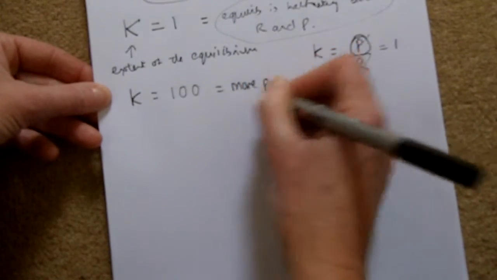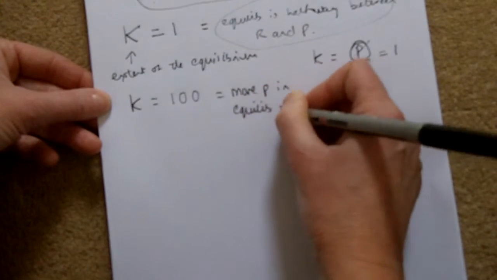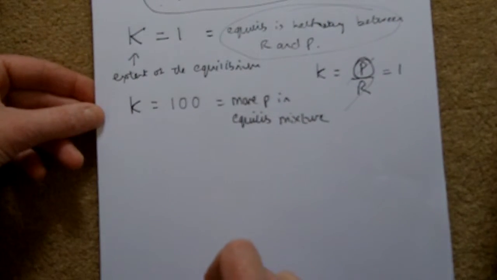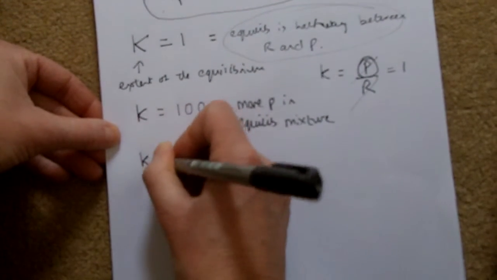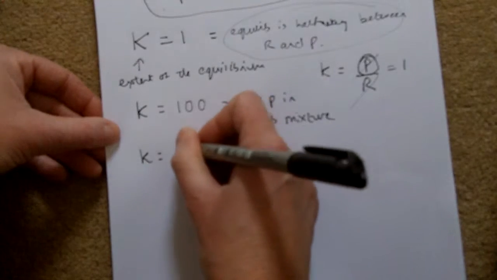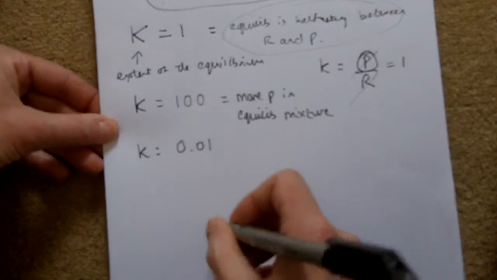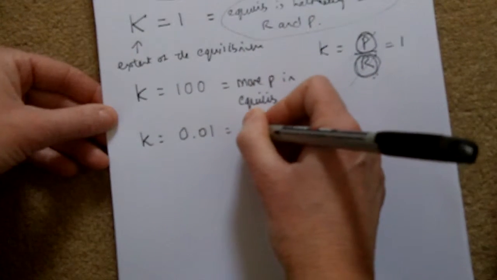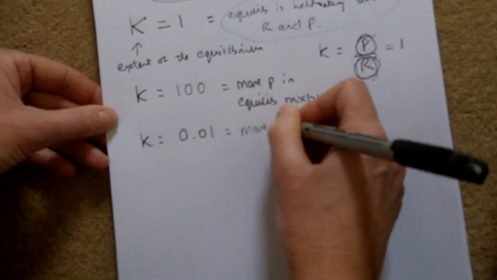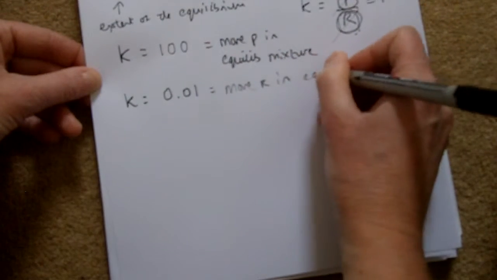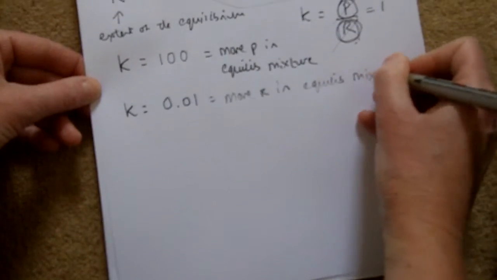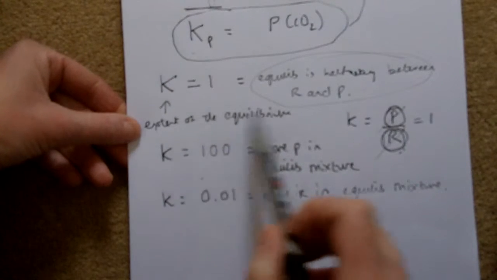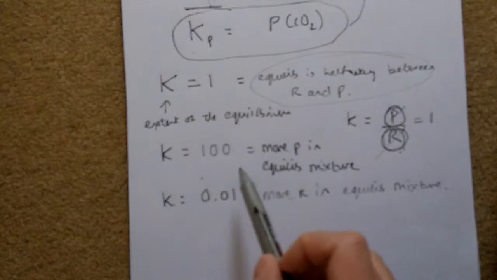And if K is a small number, like 0.01, for example, then that tells you that there are more reactants in the equilibrium mixture. So the magnitude, the size of K, tells you about the position of equilibrium, the extent of reaction.